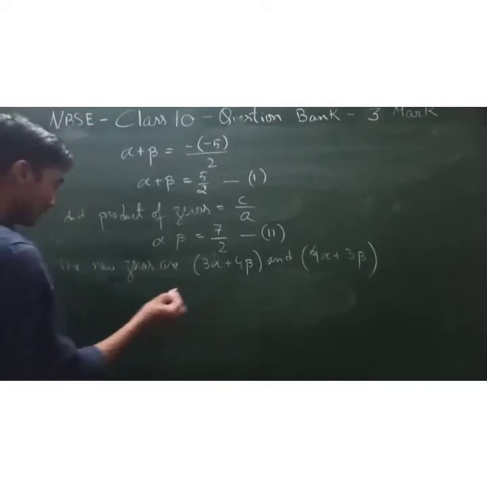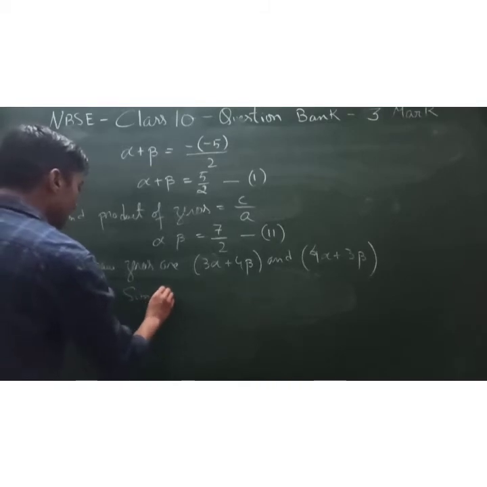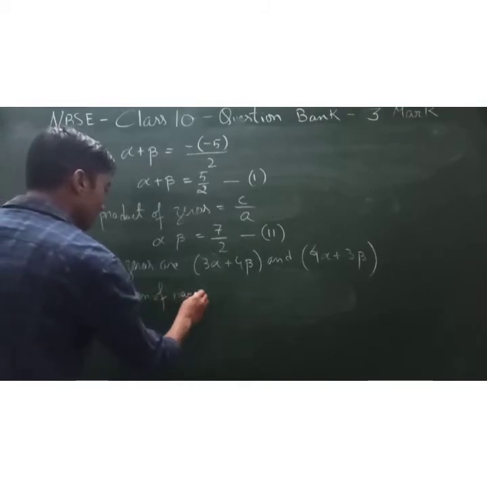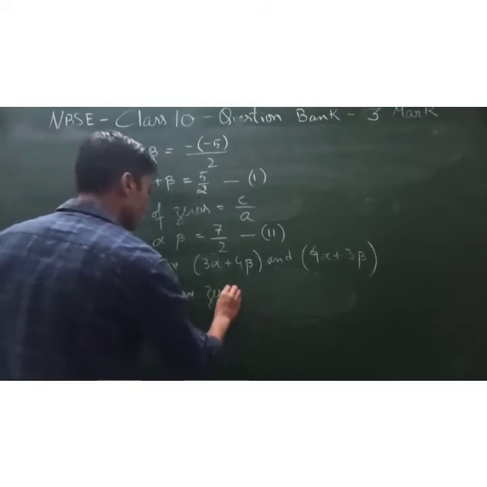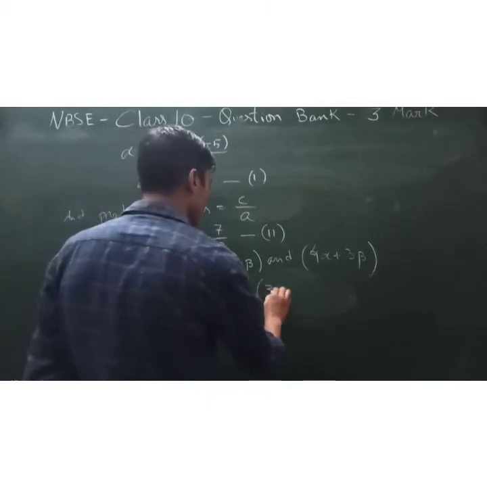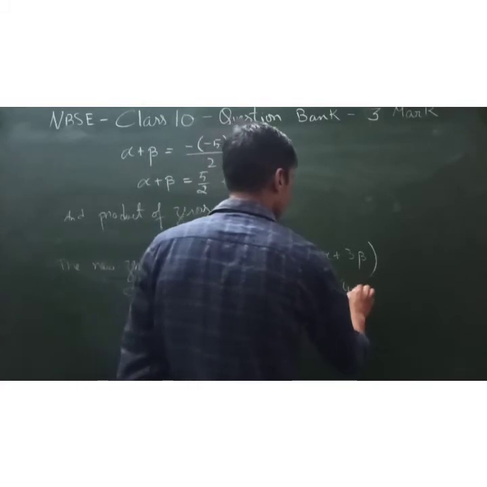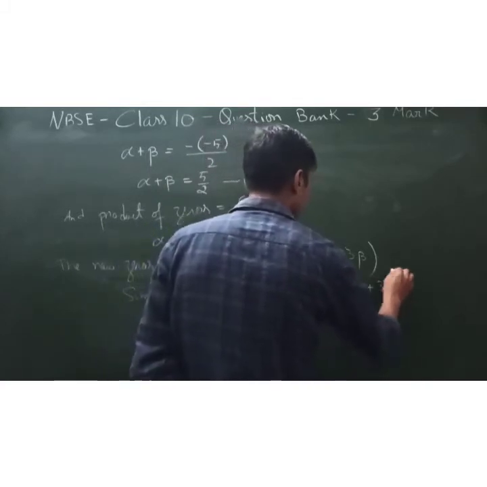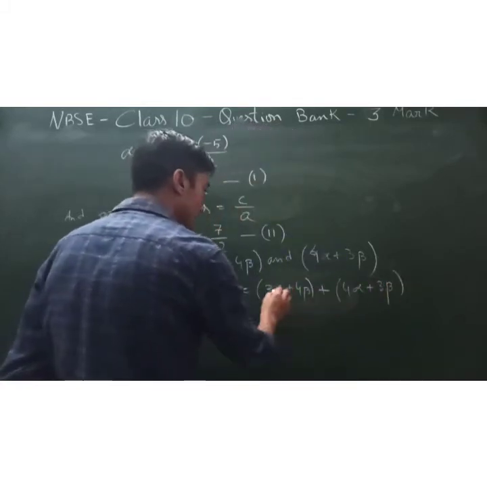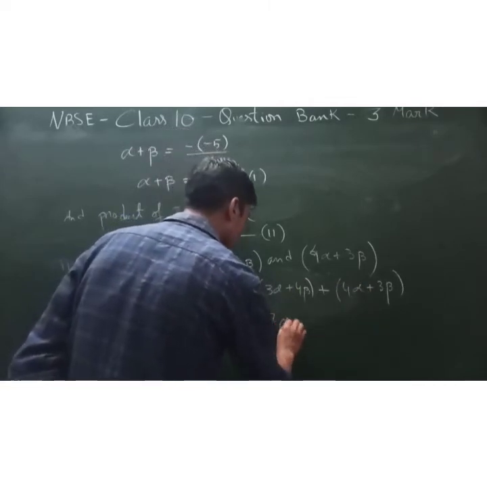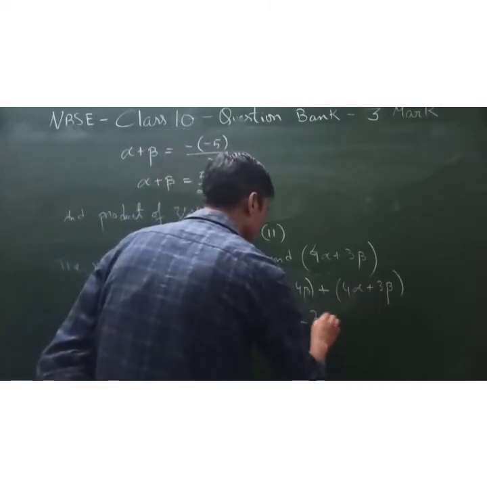For that, definitely we will need the sum of the new zeros. So sum of the new zeros, that is 3 alpha plus 4 beta, this is one zero, plus the other zero. Since this is all addition, 3 alpha plus 4 alpha, I'll save some time by skipping some steps, and 4 beta plus 3 beta is 7 beta.